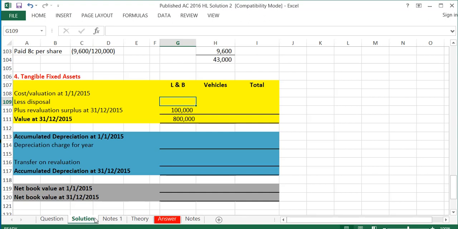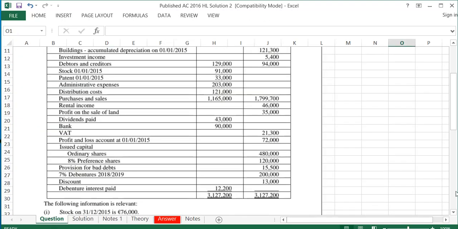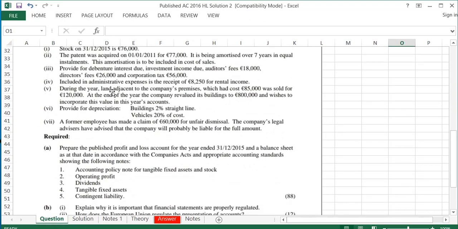For the buildings, the cost in the trial balance was 700,000. But if we look at note 5, it says that during the year, land adjacent to the company's premises, which had cost 85,000, was sold for 120,000.